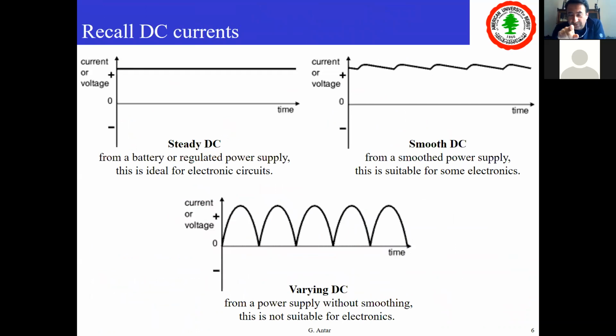So, for example, you see here clearly there are three examples of DC currents. Of course, when you put a 5-volt battery, we know that it's DC. But also, when the voltage or the current oscillates as a function of time, even if it goes from 0 to some maximum value and back to 0, we are still in a DC current, okay?